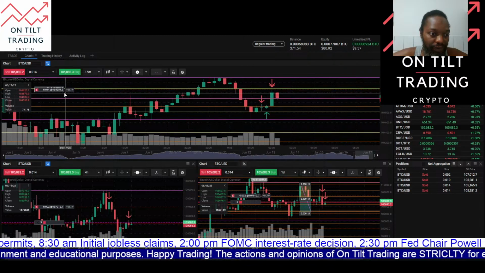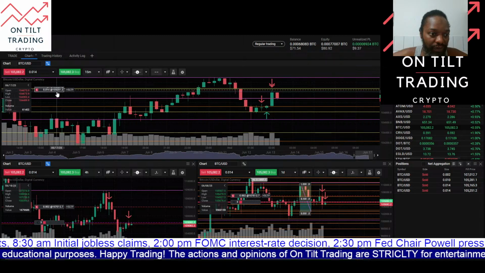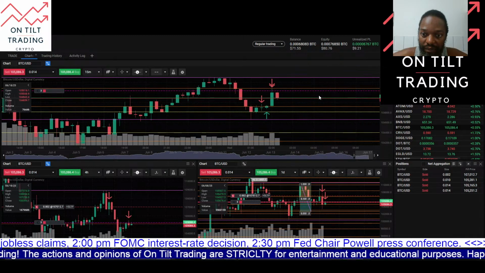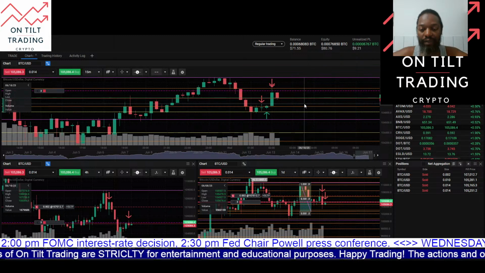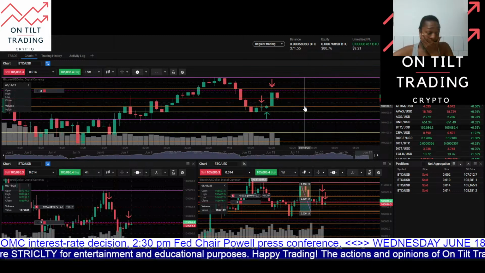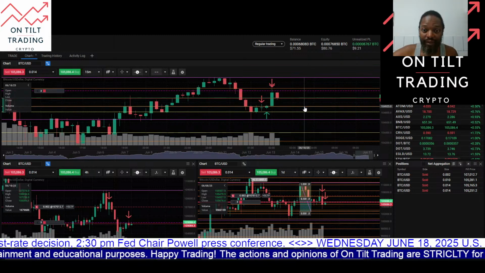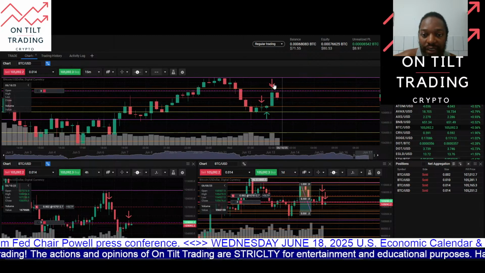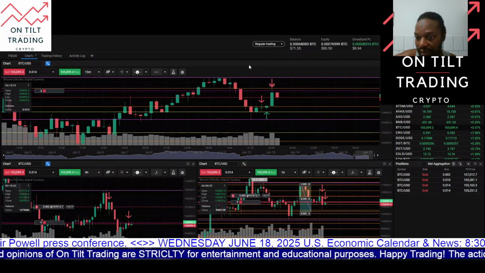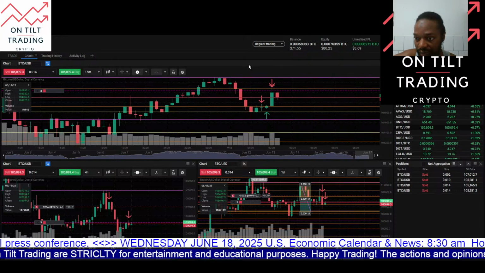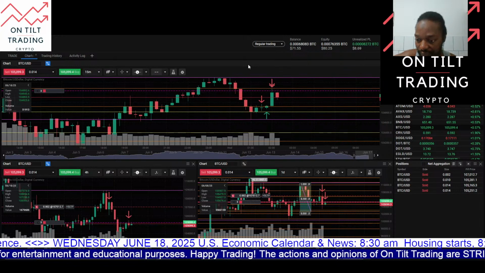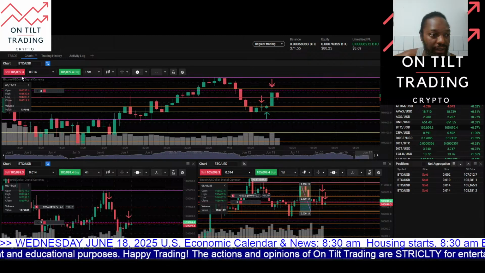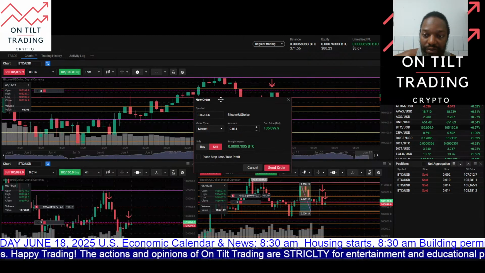So reducing my risk, which would preserve capital should this trade go against me, and also reducing risk for the potential of taking an additional position here.